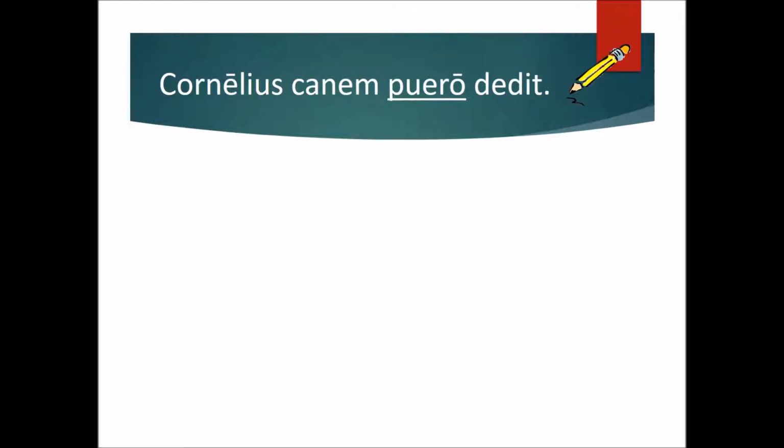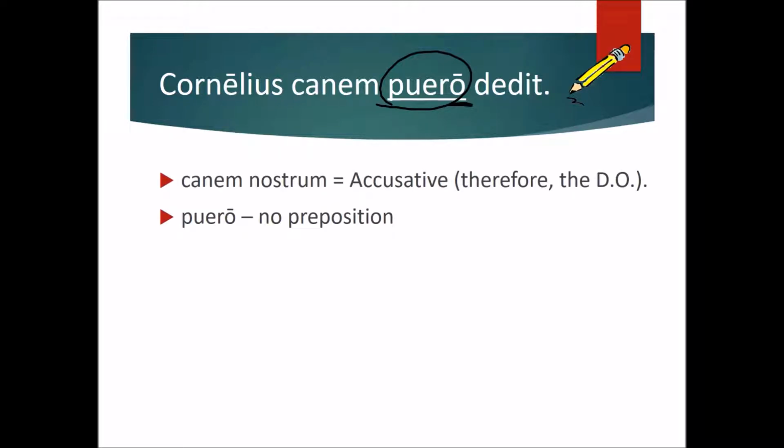Discipuli, let's go through this process. Here I have a sentence, Cornelius canem puero dedit, and here I've got my word puero with that O ending from second declension. This could be dative, it could be ablative. So let's go through those questions. The first one: is there a preposition? Not a preposition, so we need to go on to step 2 because this word can still be dative or ablative.